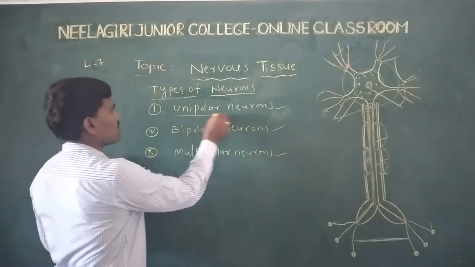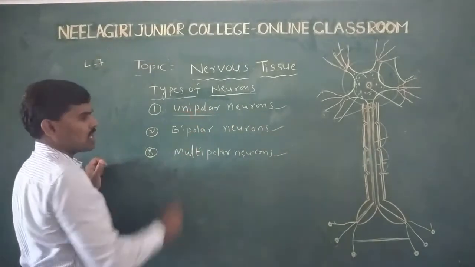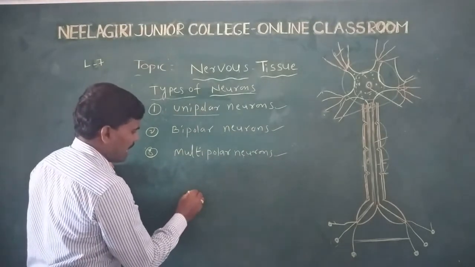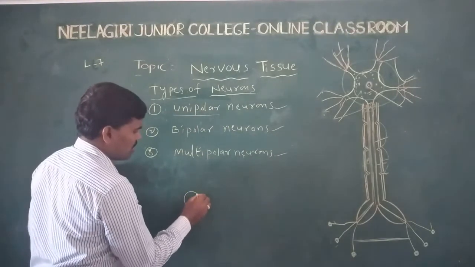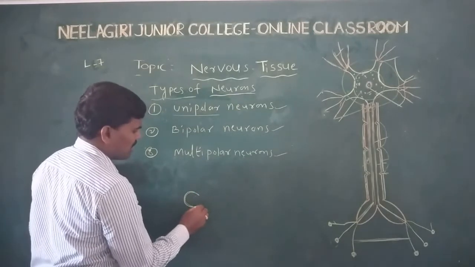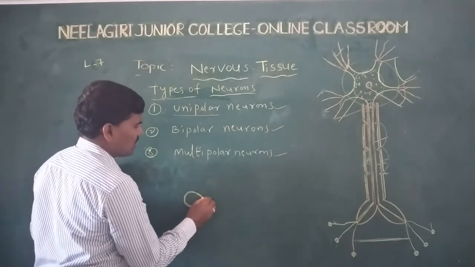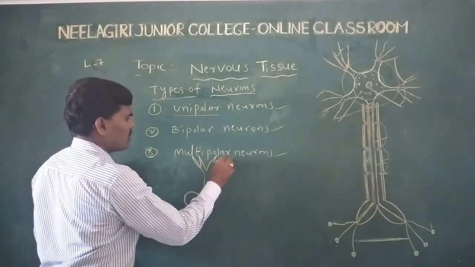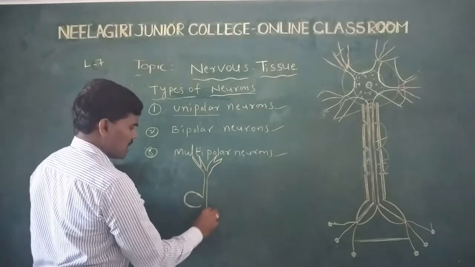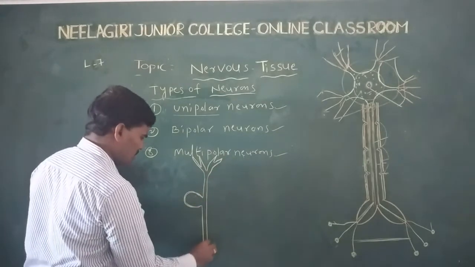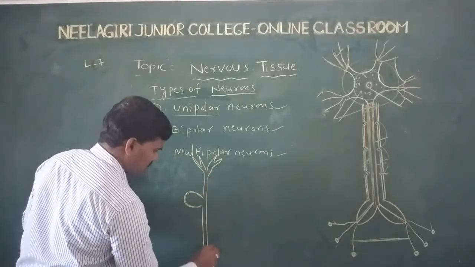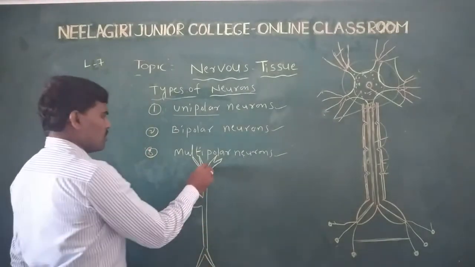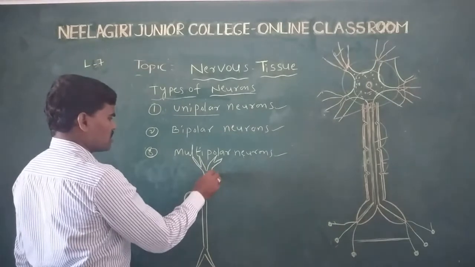First, let us see the unipolar neuron. Unipolar neurons have the cell body or cyton. Only a single axon is present.